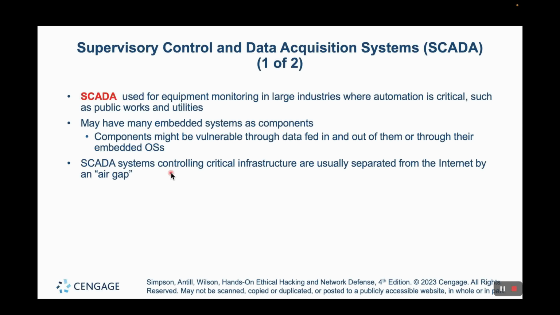They are primarily utilized in different types of industrial processes, including manufacturing, power generation, water treatment, oil and gas refining, and much more. Many of them may have an embedded system as a component. SCADA systems controlling critical infrastructure are usually separated from the internet by something called an air gap, complete separation.